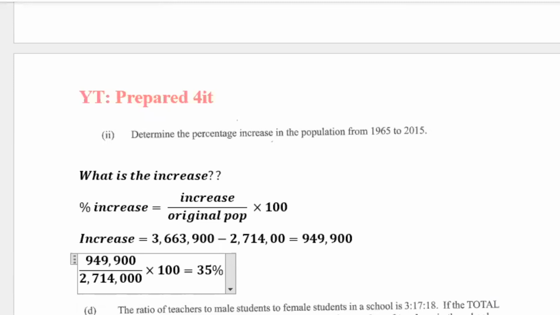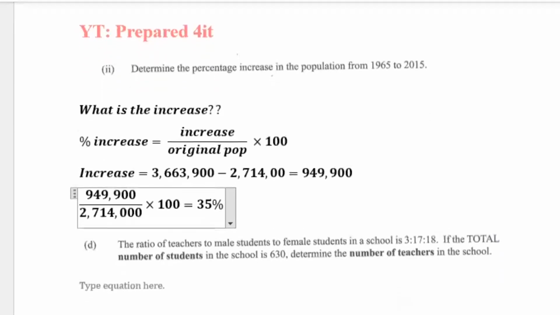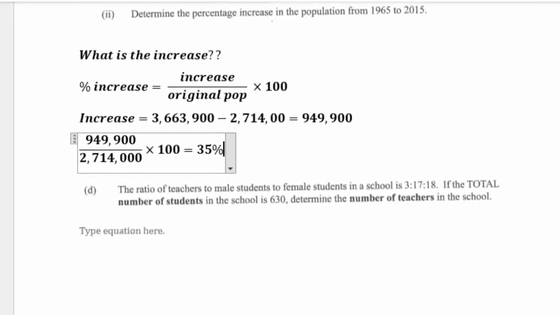So the percentage increase in the population from 1965 to 2015 is 35%. Any questions? Feel free to use the chat or the raise hand feature.